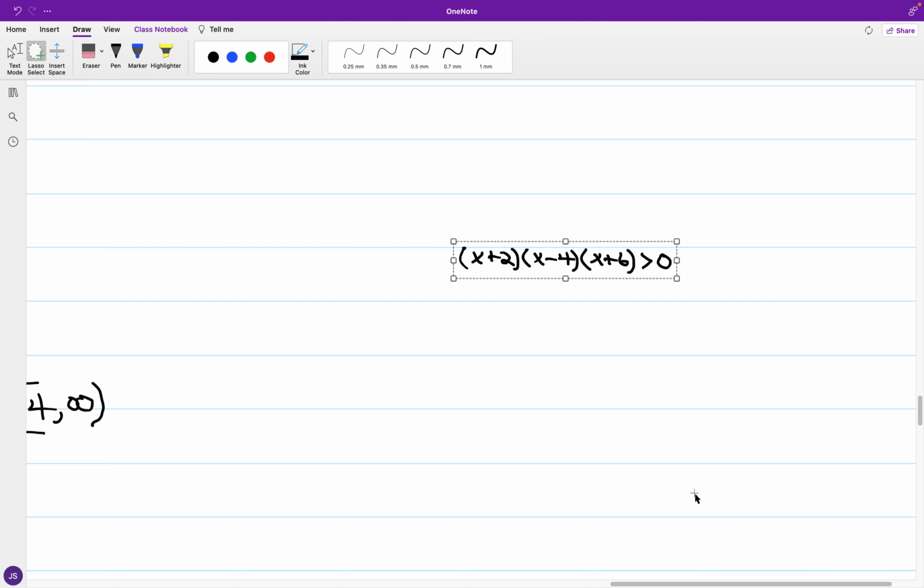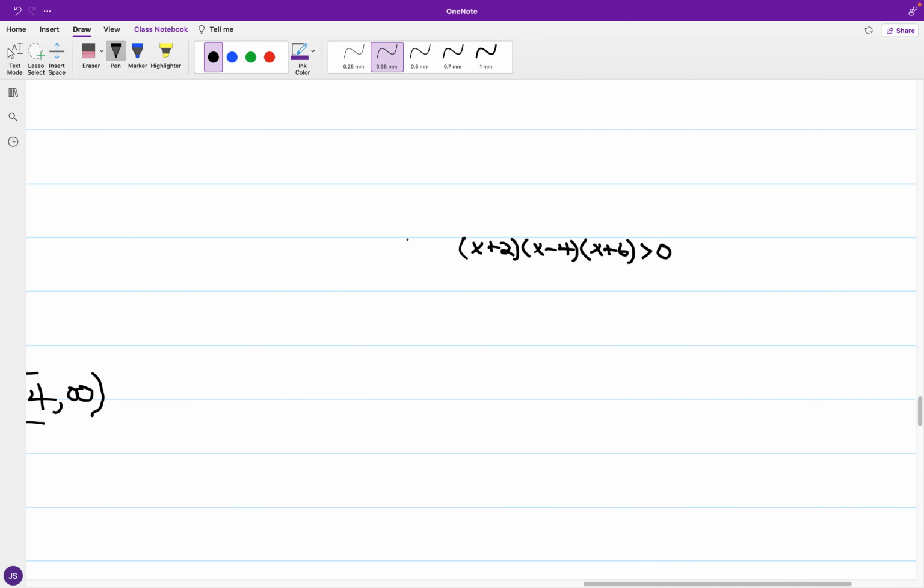There we go. So for number 16, we have kind of established what our f of x is.